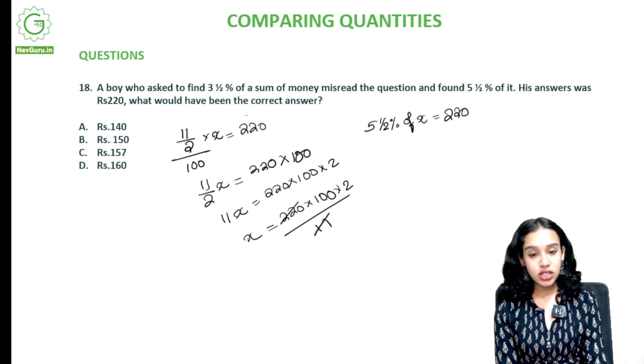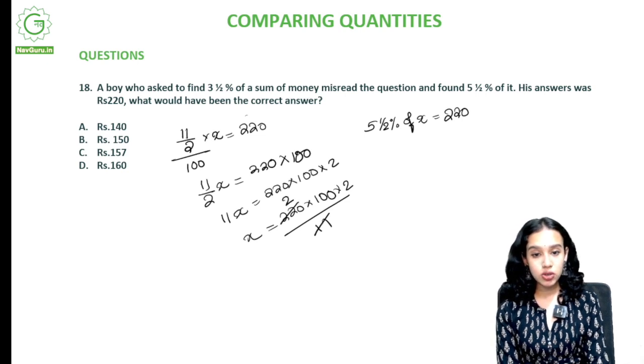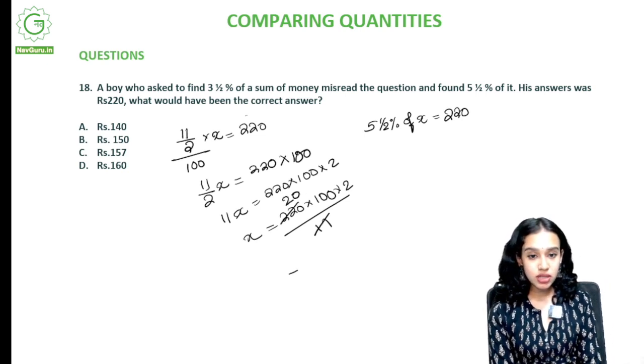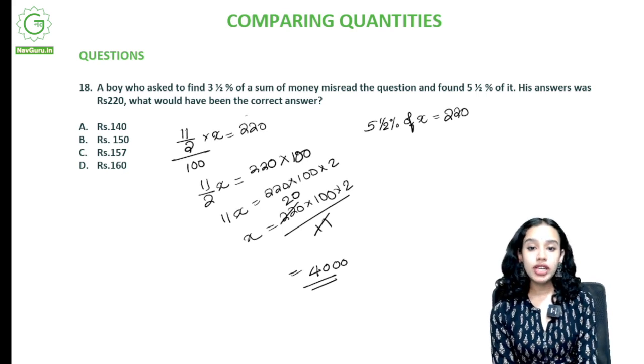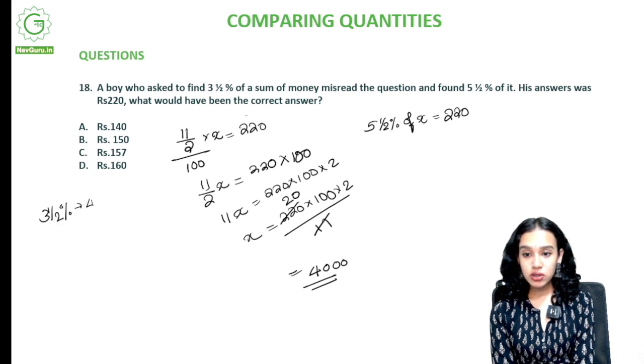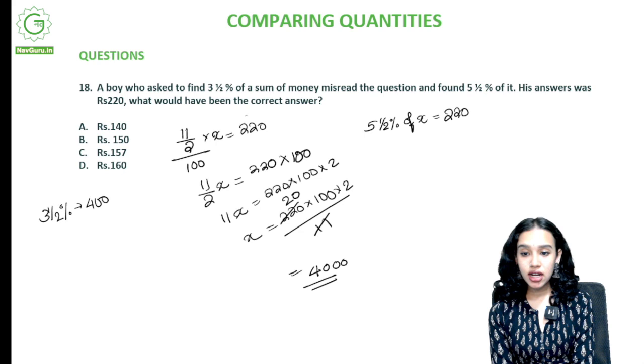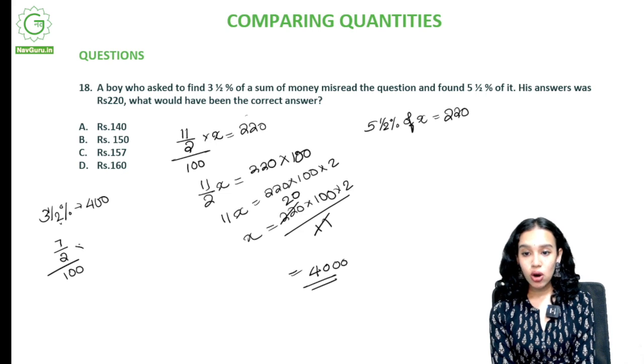So 11 and 220, we could cancel it out to be 20. So this becomes 2 into 2 is 4, 4000, right? X is 4000. Now we need to find 3.5% of it. 3.5% of 4000. Now what is 3.5? 3 into 2 is 6 plus 1 is 7. 7 by 2 by 100 of 4000, right?